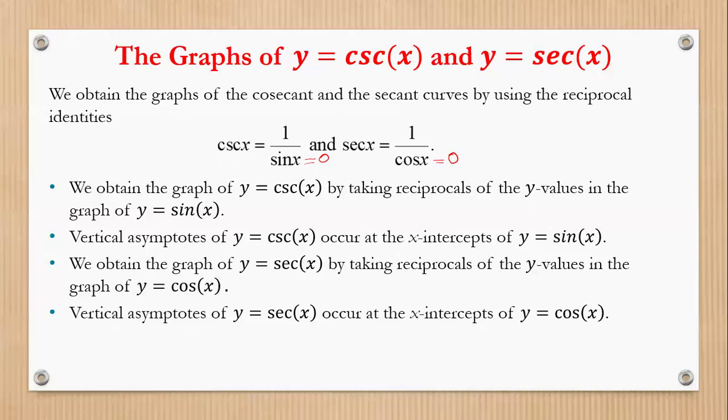So we can graph sine and cosine like what we learned in the previous section, and then graph secant and cosecant based on what we got from graphing the sine and cosine. And I will show you the two different ways in the next slide.